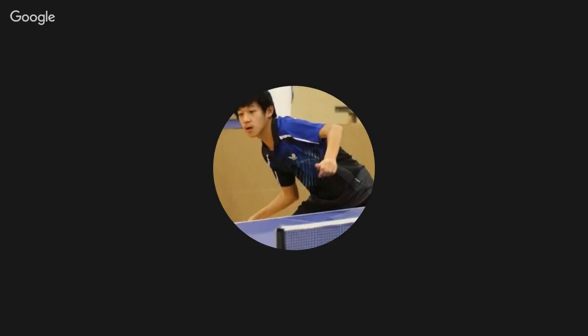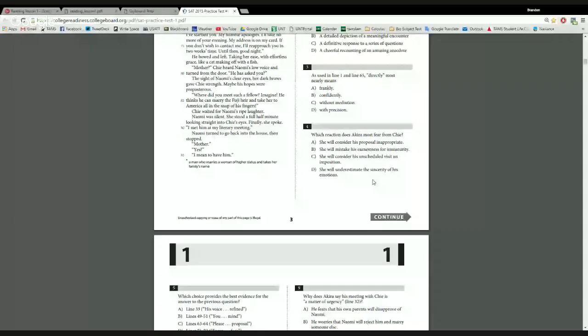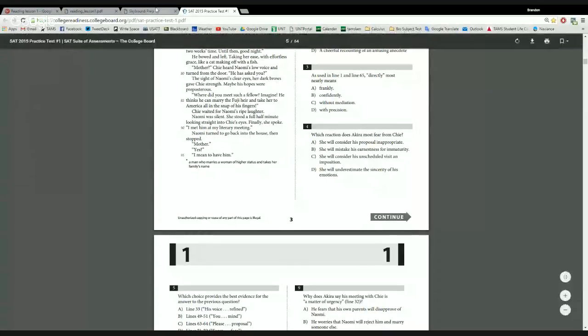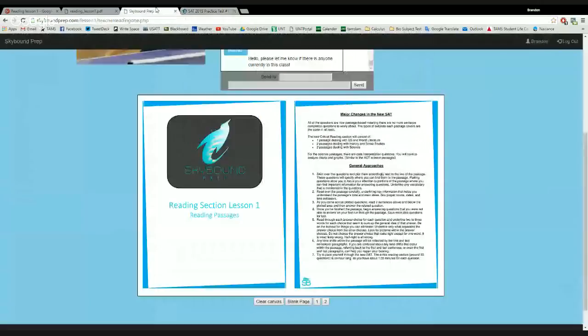Write question 3 and circle directly because that's what you're looking for. This helps a lot when you go through your answer choices later, so you don't have to refer back to the passage too much. You already have it marked, so you can cut some time through that. Quick and easy strategy there.